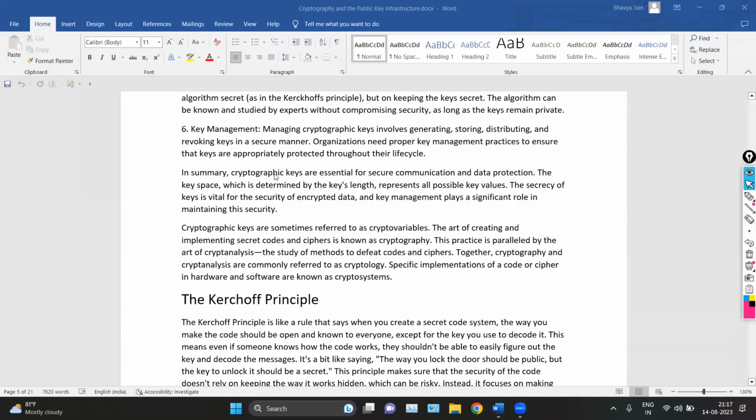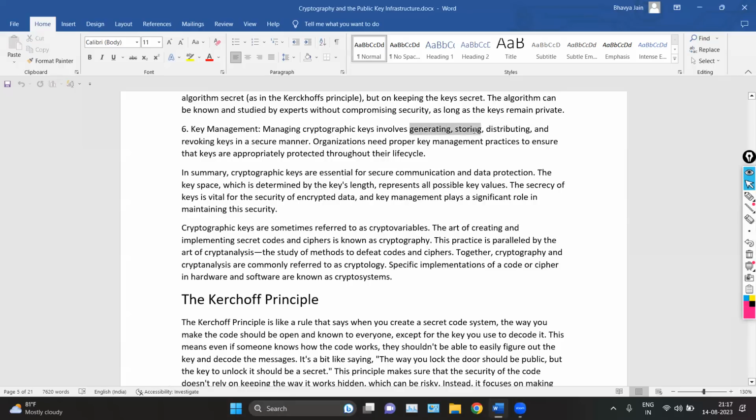Then we have key management. Managing cryptographic keys involves first generating, then storing, then distributing, and then revoking keys in a secure manner. These are the steps we have to take while managing the key. Let's say you are using symmetric encryption, where you need one key for both encryption and decryption. You generate that key, and you securely store it.